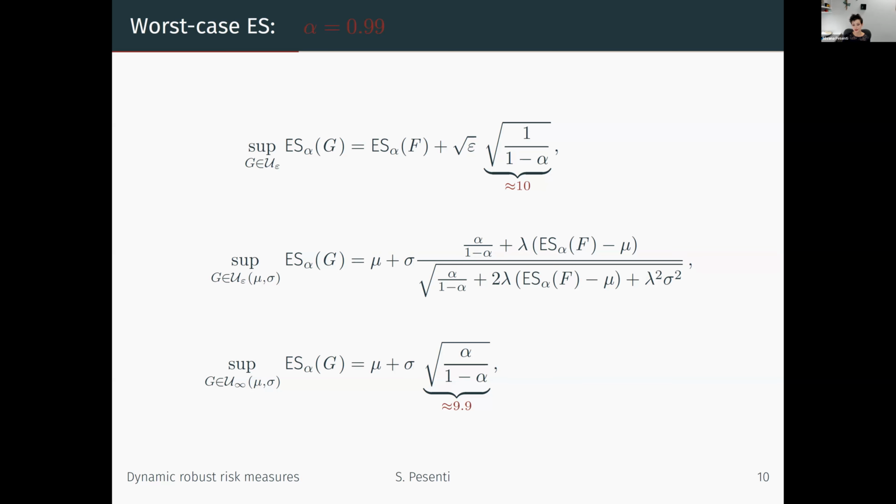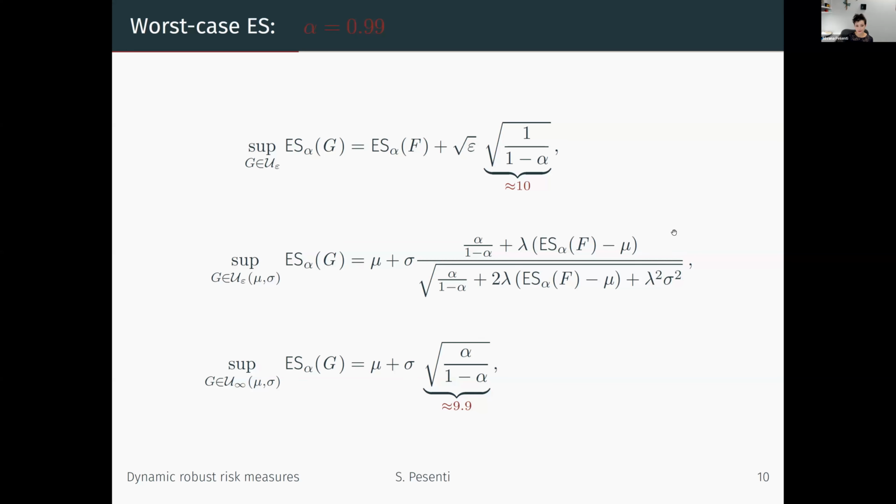And again, the lambda intrinsically depends on epsilon and the reference distribution. So the lambda you have to find numerically. And of course, if epsilon gets larger, then this approximates this ratio, right?